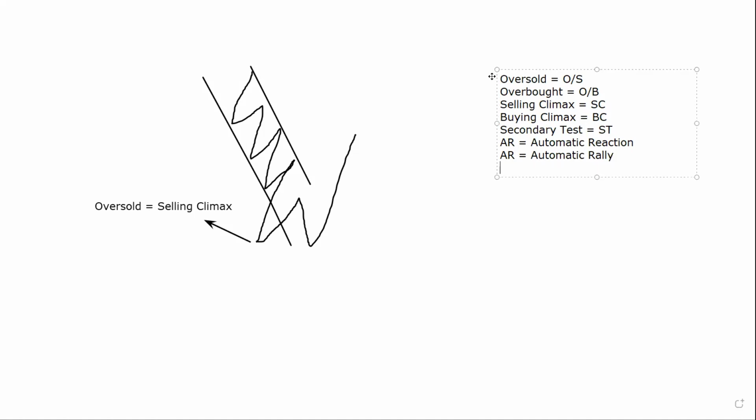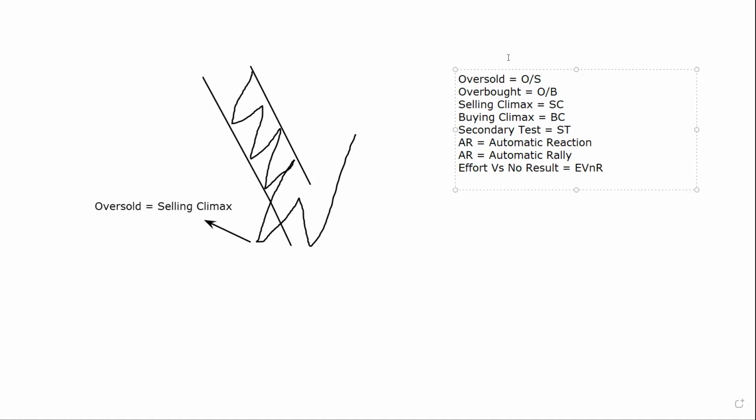And then what other terms? Buying climax, backing up, effort versus no result, which we will call EVNR. These are the short forms which I will consistently use.